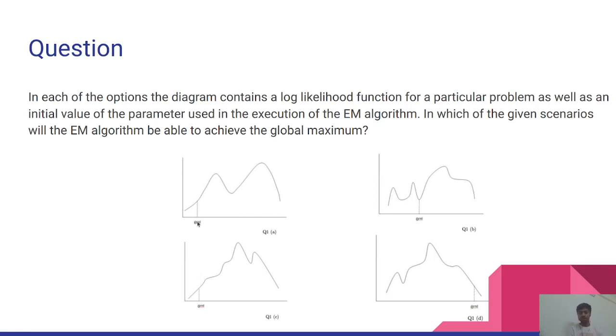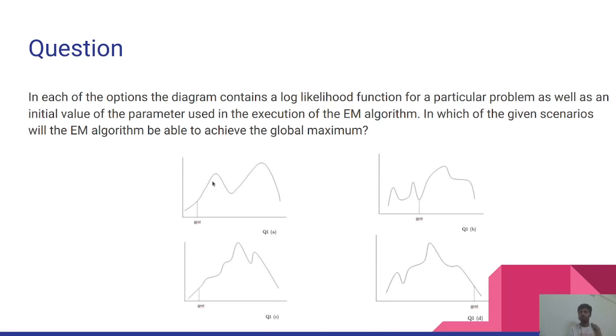So at first we are starting here and we want to reach the global maximum, which is here, right? So if we go to the right, we'll come here, but from this point, this is downward, right? But in this method, what we do is that we always try to go upward.